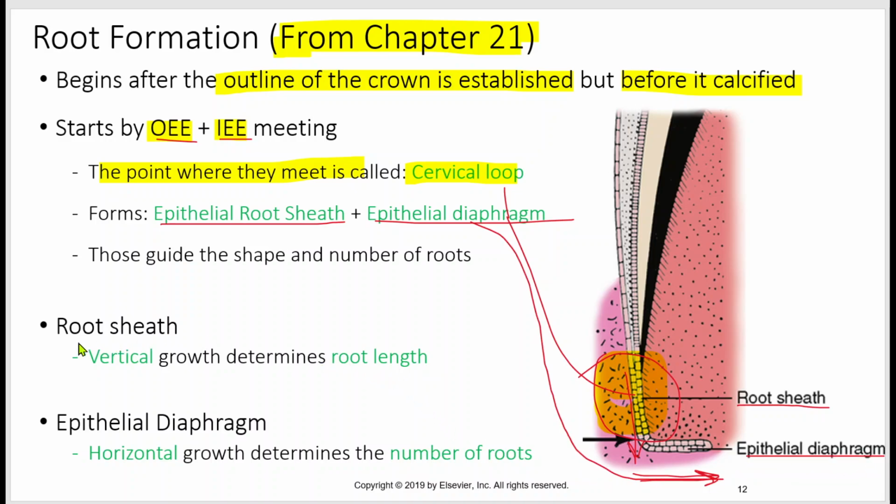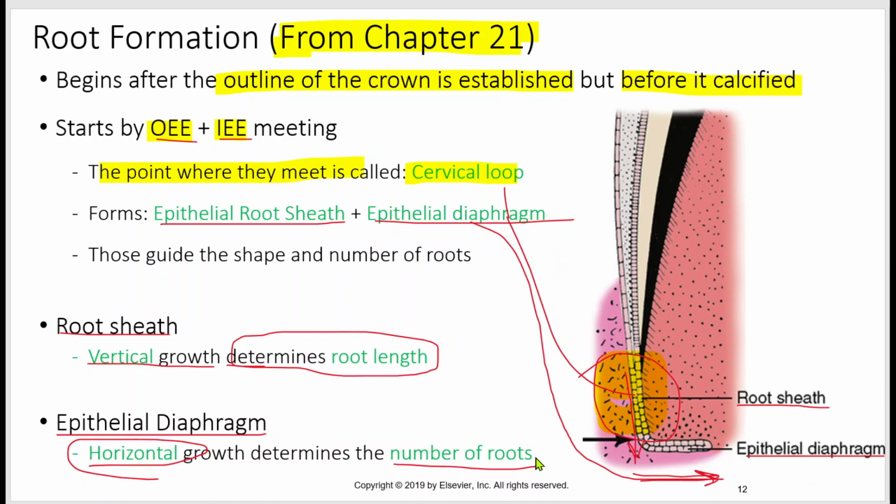So the root sheath, by vertical growth, would determine the root length, and the epithelial diaphragm, by horizontal growth, would determine the number of roots. This is the main information about this.